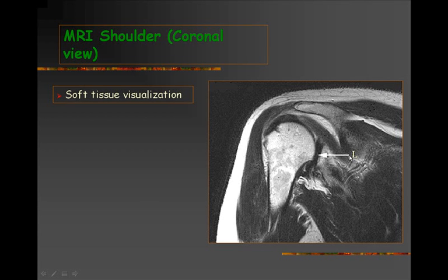The structure demarcated L seen here is the glenoid labrum, which is a fibrocartilaginous structure at the edges of the glenoid cavity that deepens the socket and provides extra stability to the shoulder joint.